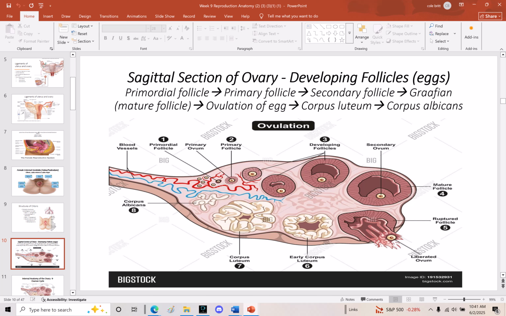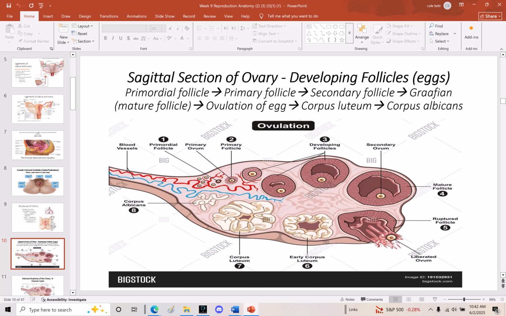Then you ovulate. That's the liberated oocyte, I like that picture. Liberated oocyte, and hopefully that makes its way up through the fallopian tube. Then what happens? This follicle forms what's called the corpus luteum. The corpus luteum continues to grow and secretes progesterone. Progesterone is there to stop menstruation.